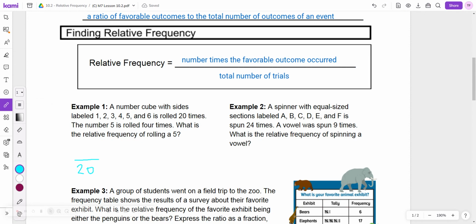And then the total number of times that we got a 5 goes in the numerator, and that was 4 times. This is a fraction, so automatically we have to reduce it. If you're not sure, you've got your calculator. Just make the fraction, hit enter, and it'll reduce it right there for you to 1/5.